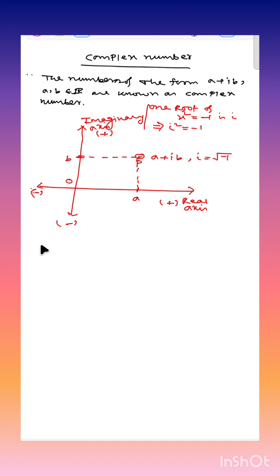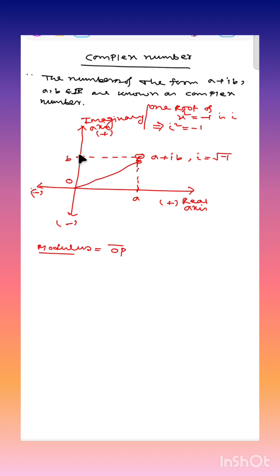Now we see about its modulus. Modulus means distance of z from the origin. That means modulus means OP bar.